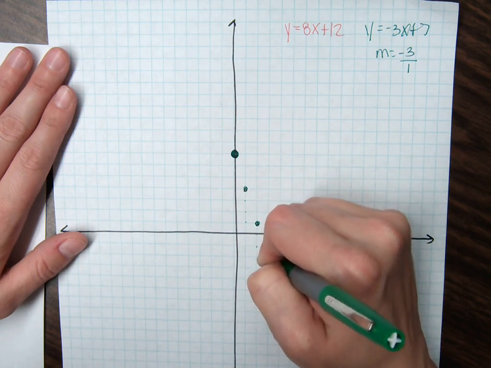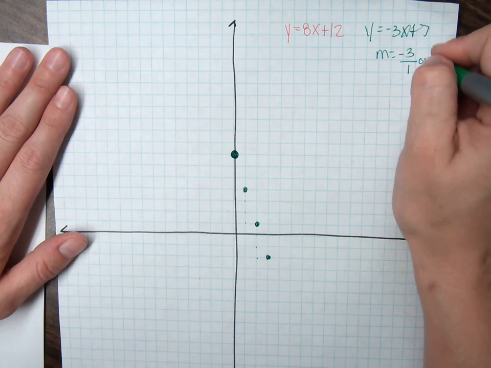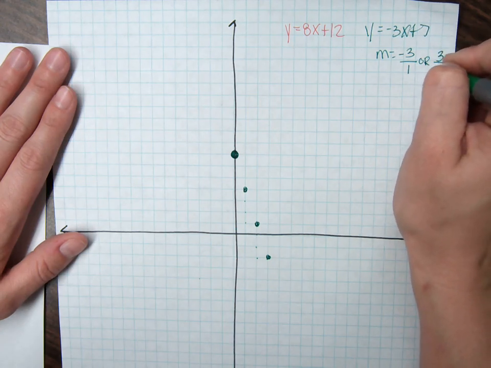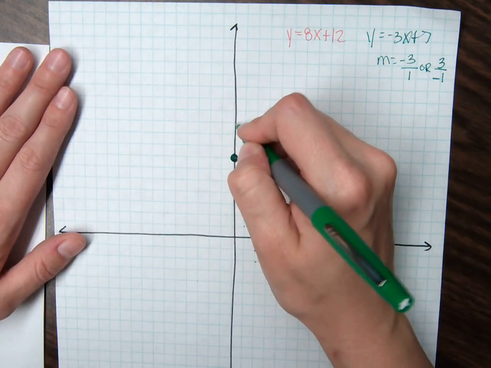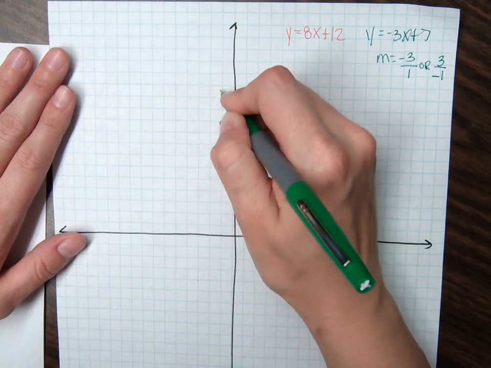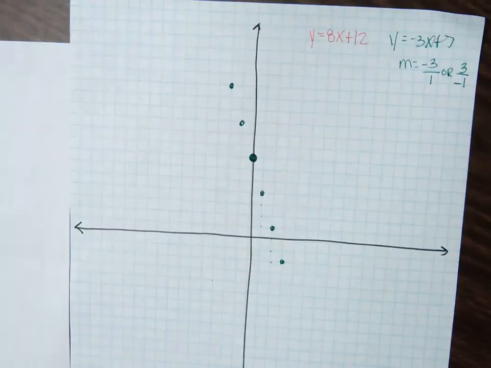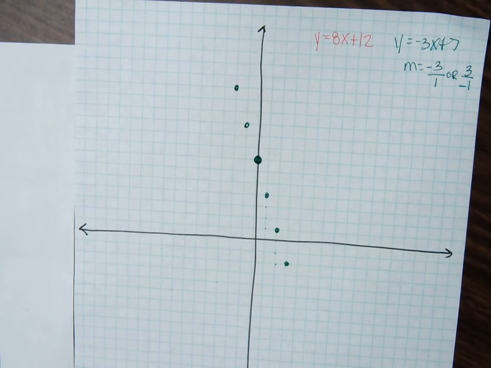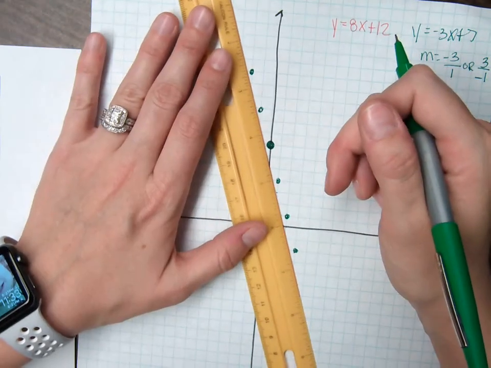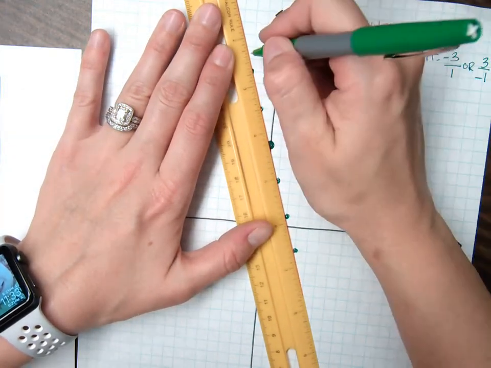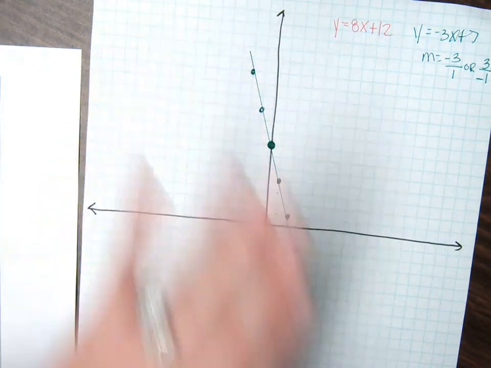Or you can go the opposite of that, positive 3 over negative 1. So you can go up 3, left 1, up 3, left 1. And we draw our line.